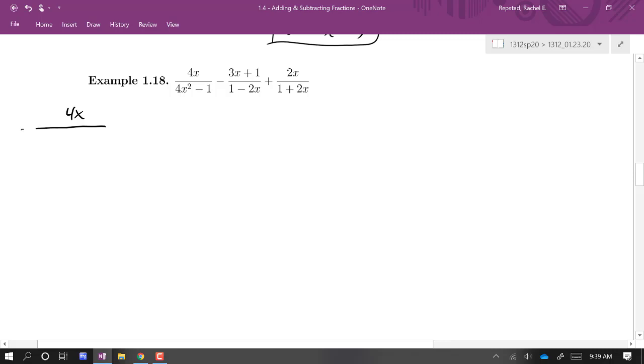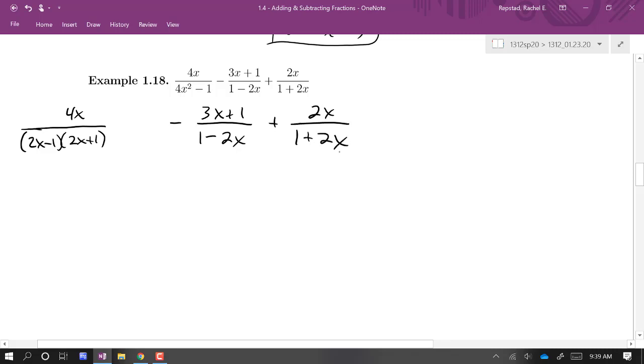How does that first denominator factor? 2x minus 1, 2x plus 1. And the other ones are already factored.